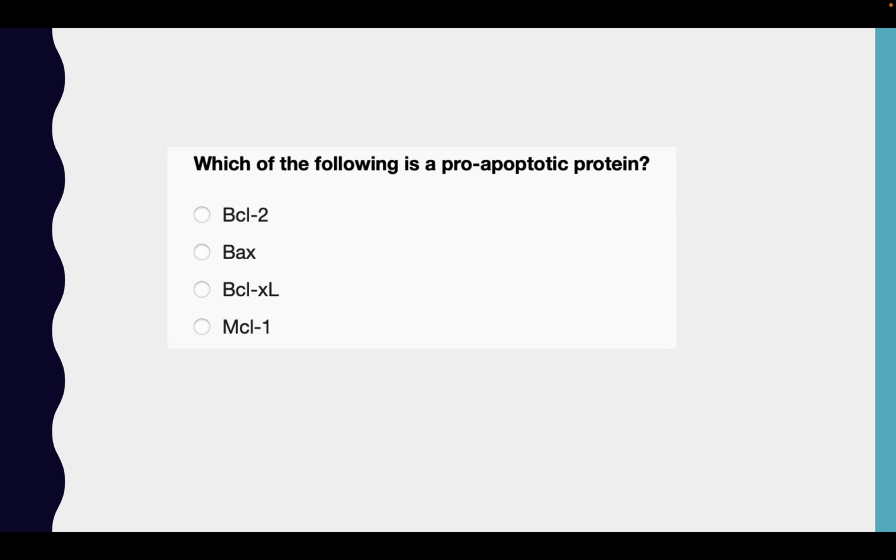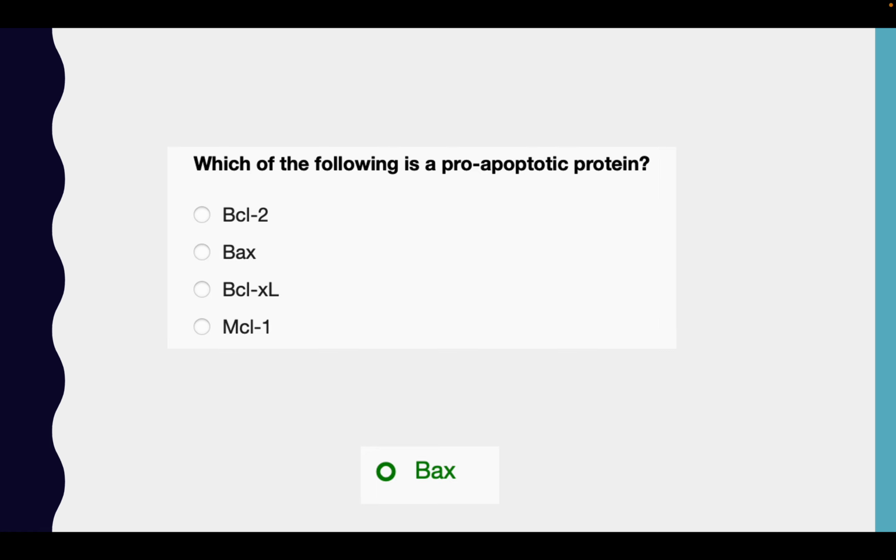Coming to next, which of the following is a pro-apoptotic protein? BCL2. ये पूरा पढ़ लिया है ना? अच्छे से पढ़ के आए हो आज. गुड. इट इज़ BCL2.